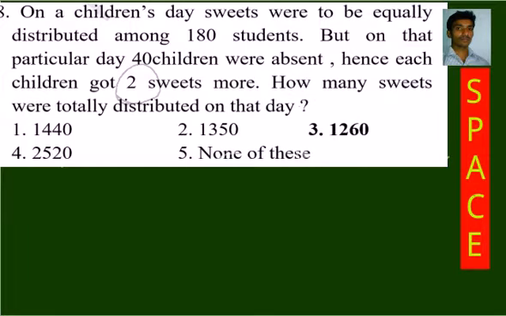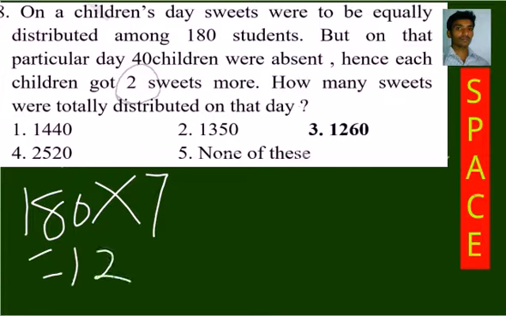So the total number of sweets is equal to 180 into 7, that is equal to 1260.